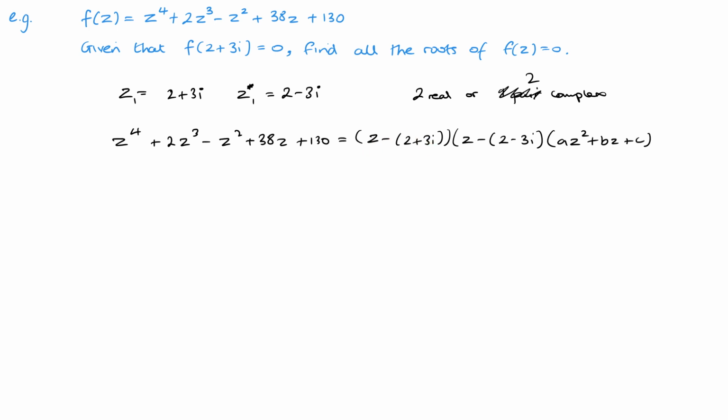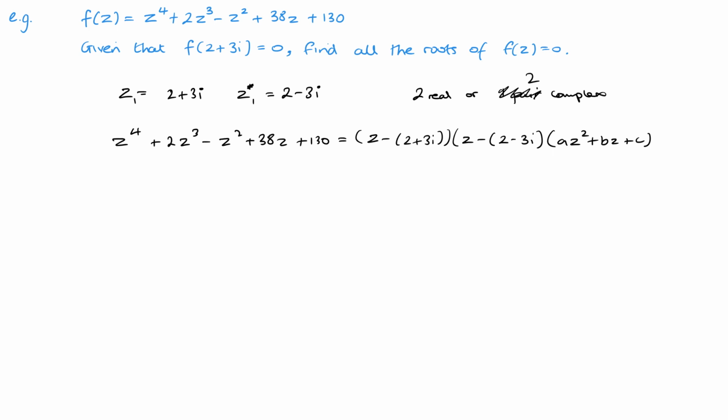Remember, if you think of making these equal to 0, that's the easiest way to think about it. You take both of these to the other side, so that's where you got minus and minus. So all we really need to do is work this out as a quadratic, and then from there we can use long division or the factor theorem to find these values here. Okay, so let's do that now.